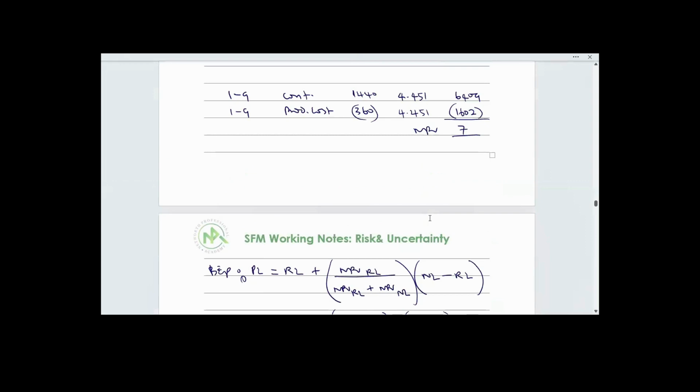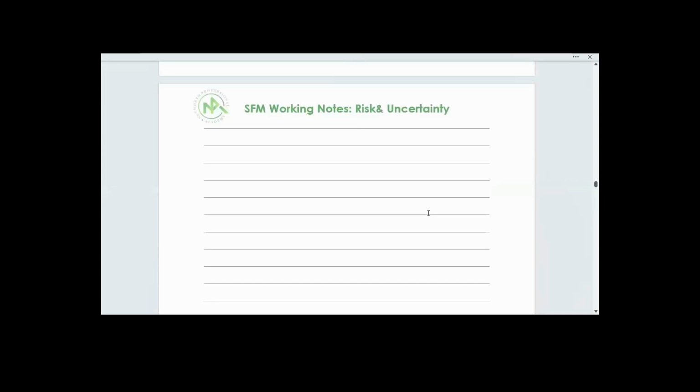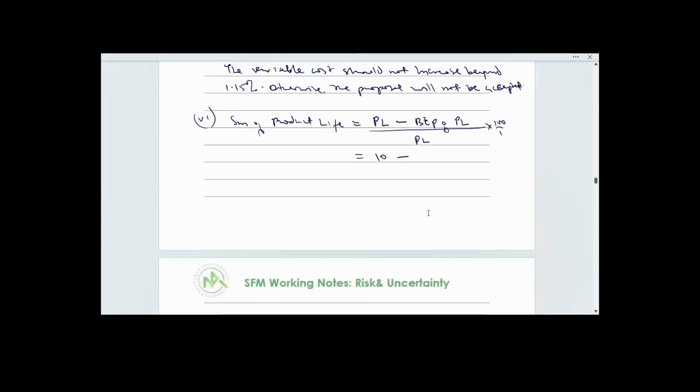Now that I have the break-even point of product life, I need to calculate the sensitivity margin of the product life. So I would then say 10 minus 9.03, divided by 10, multiplied by 100 over 1.